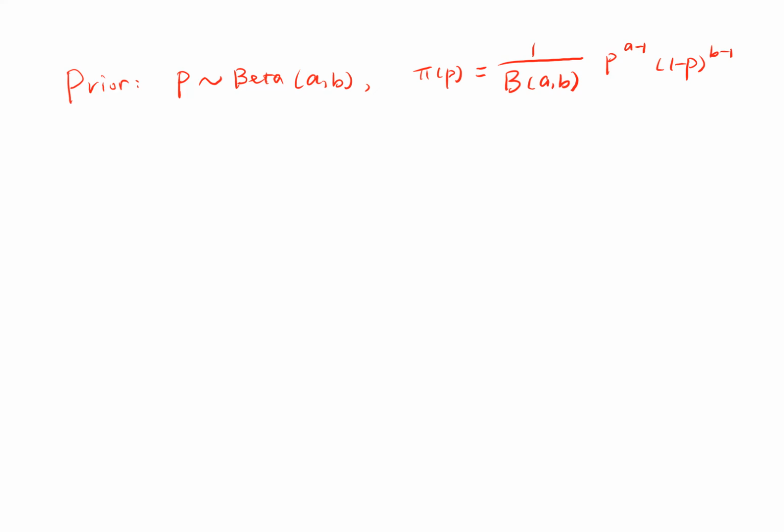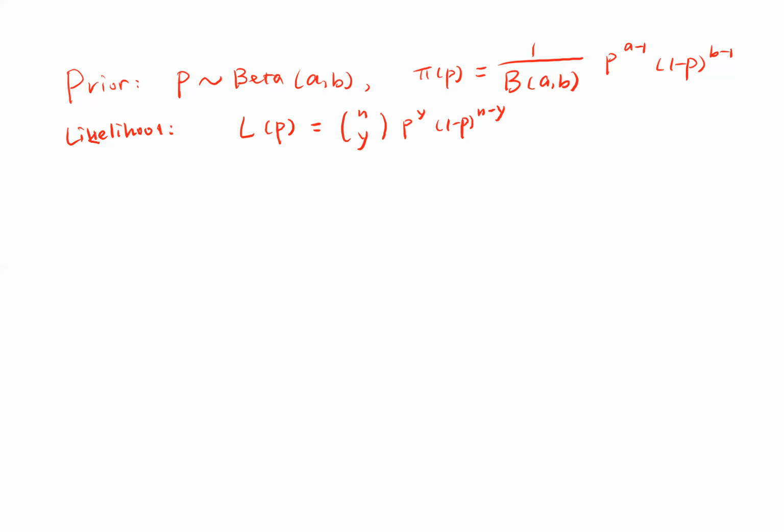And then for the likelihood, we know that it's a binomial. And in particular, we write it in terms of the unknown parameter. So we have n choose y, p to the power of y, and then 1 minus p to the power of n minus y.